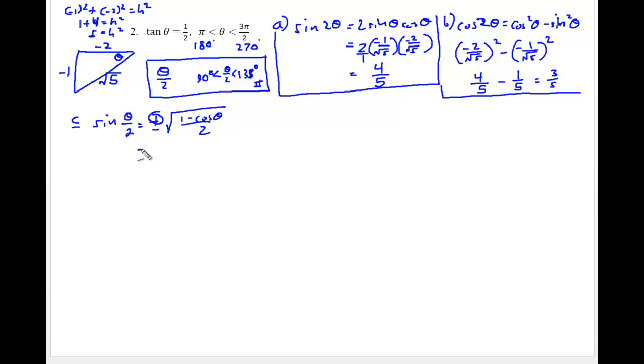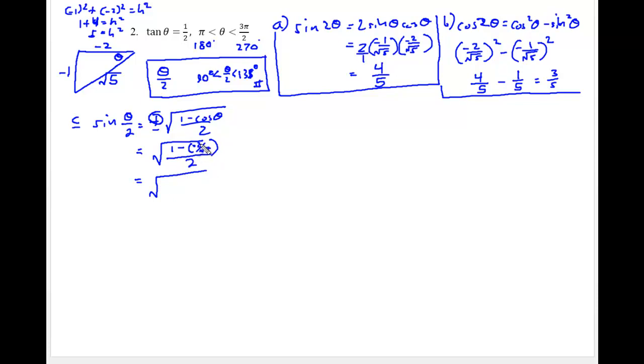Well, now let's actually compute the problem here. We are going to have the positive square root of 1 minus, and let's look at the cosine. Cosine is going to be negative 2 over square root of 5, and that's all divided by 2. All right, now we got to work on this numerator a little bit. There are a couple of different tactics here.